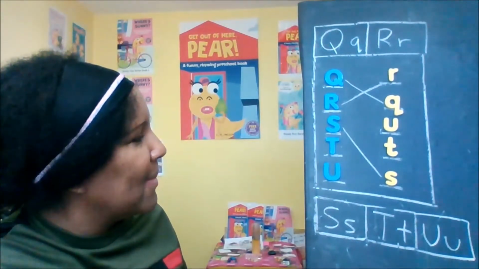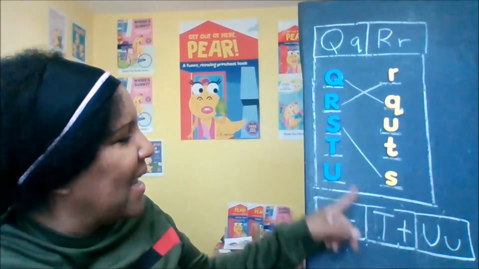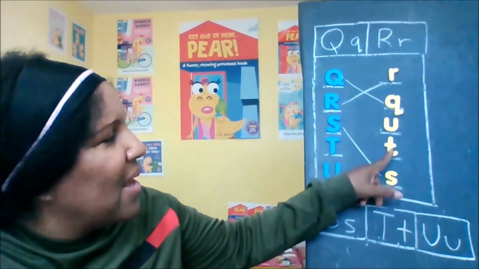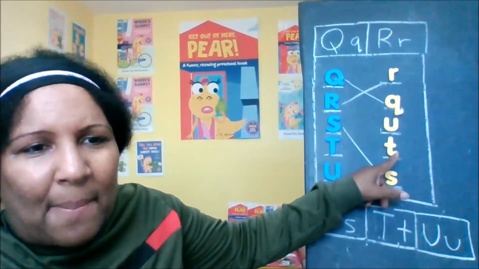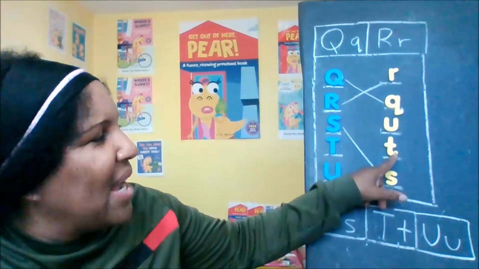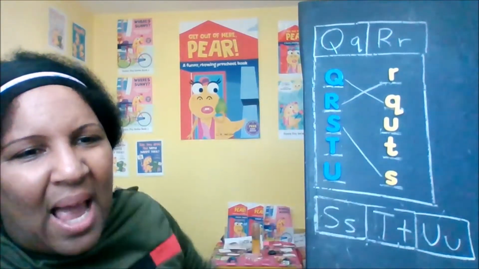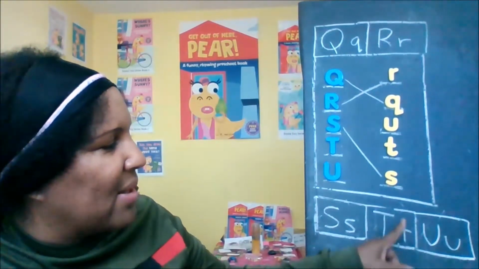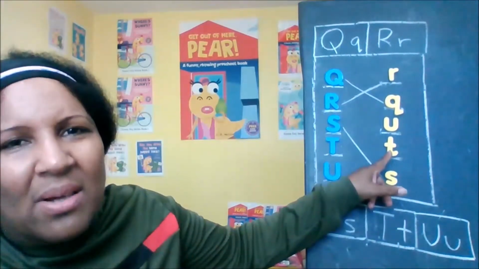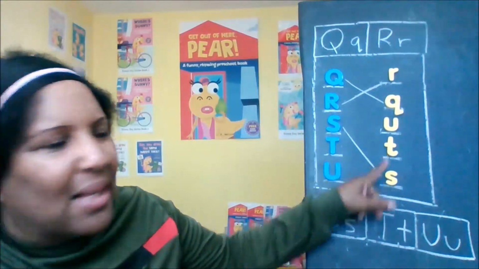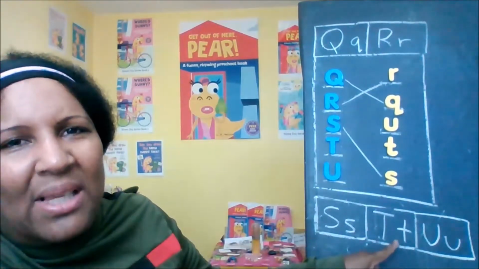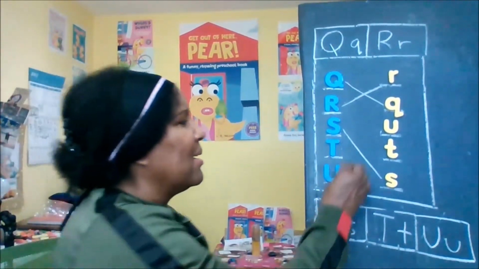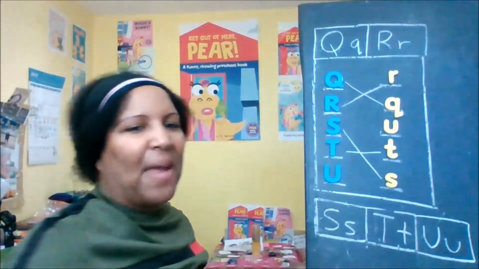Well, if you said this is T and that's the other T, you are correct. The yellow T in this box of letters has a tail that flips up. And I don't write my T's like that. I write my T's like this, just straight down and across. But there are some people that write their T's like that. But this is the more common way. This is the way most people write T when they're writing it. Okay? You don't have to get fancy with it.